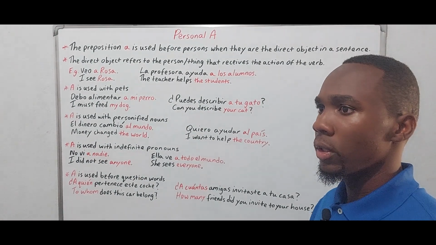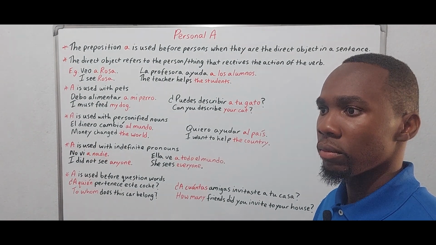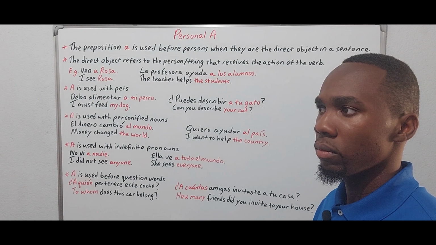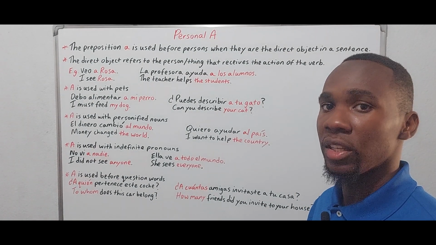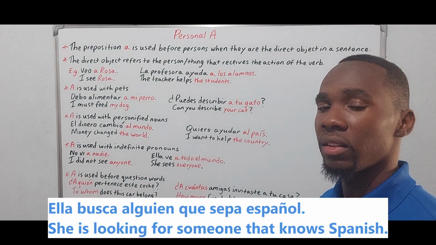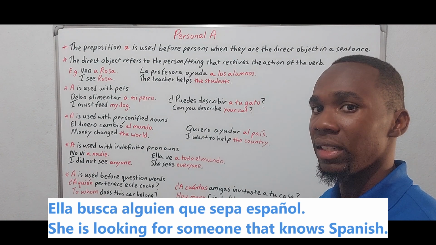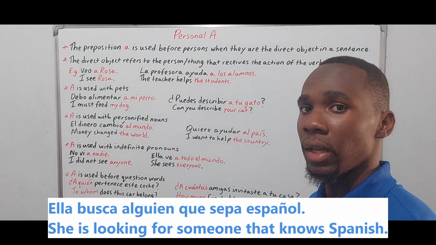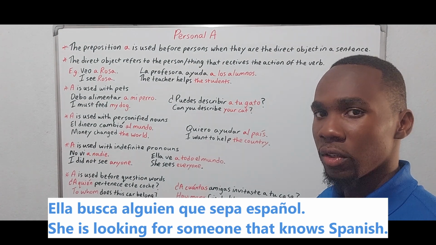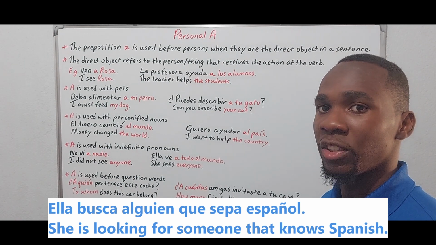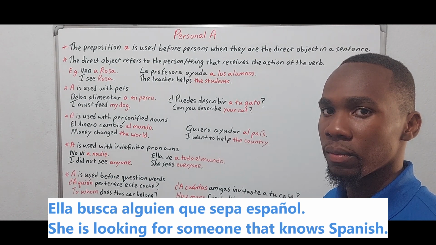Another example, ella busca alguien que sepa español. She is looking for someone that knows Spanish. Ella busca alguien que sepa español. You're not referring to someone specific, so you don't need the personal a there.